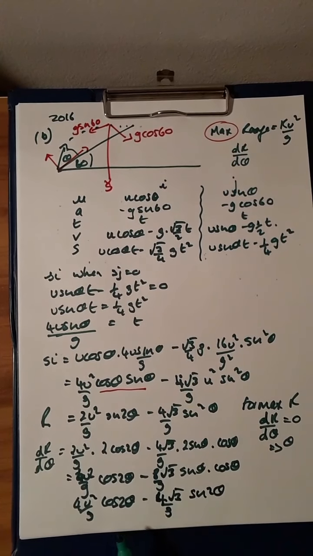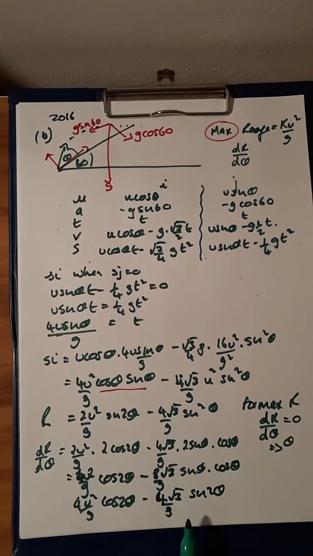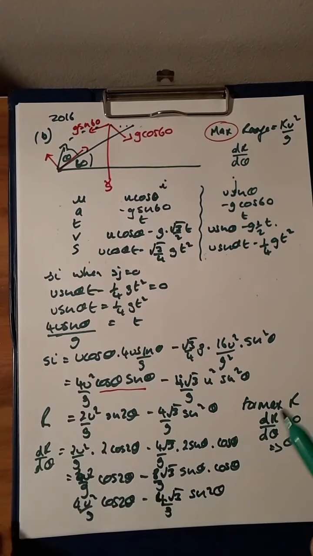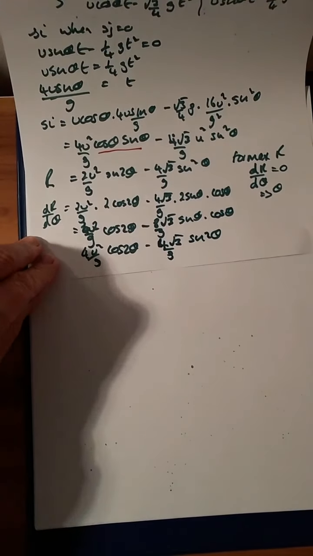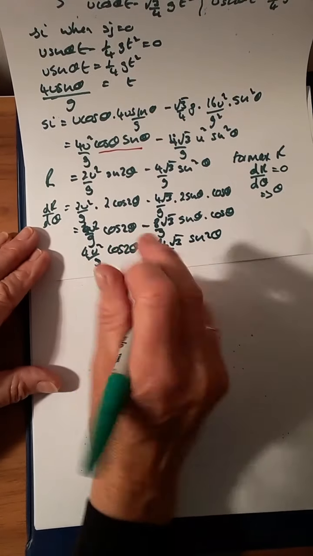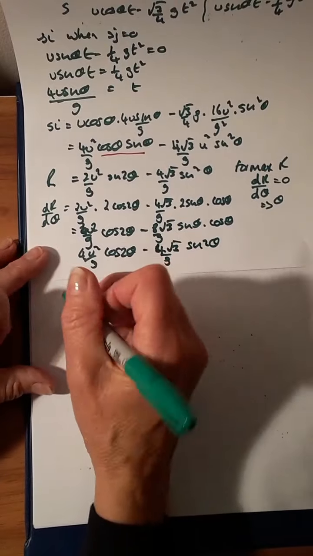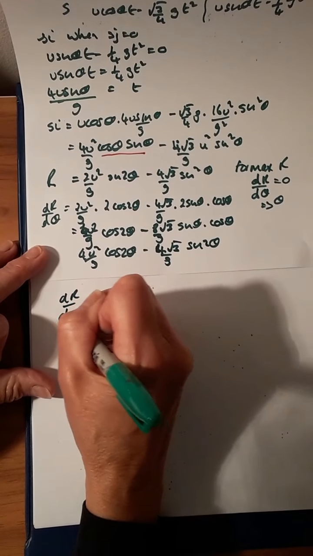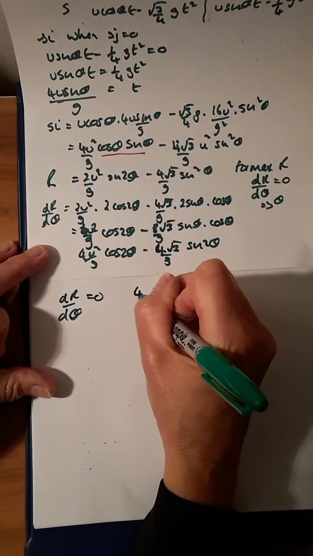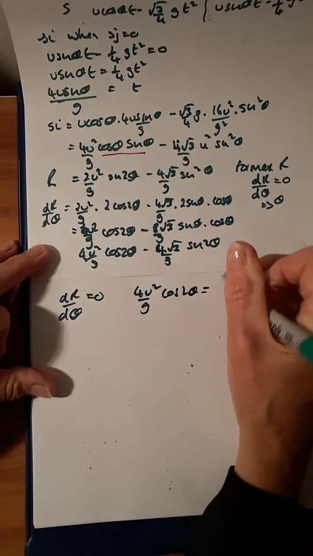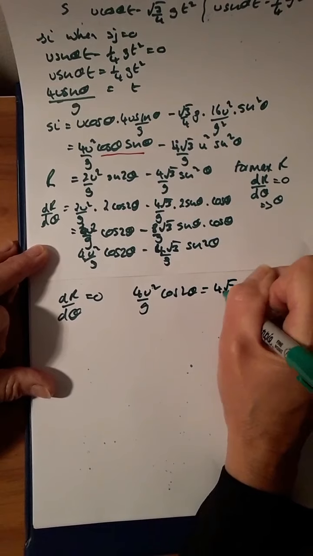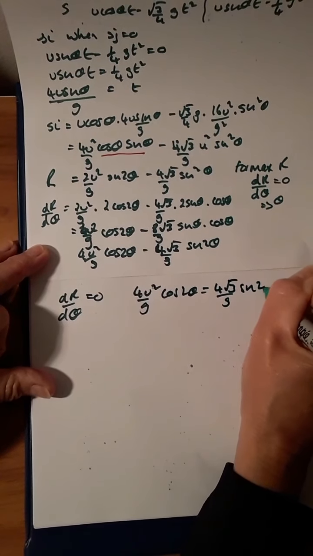Okay, now I'm going to put that dr d theta, of course, equal to 0. So this is my dr d theta. This becomes 4u squared over g cos 2 theta equals 4 root 3 over g sine 2 theta.